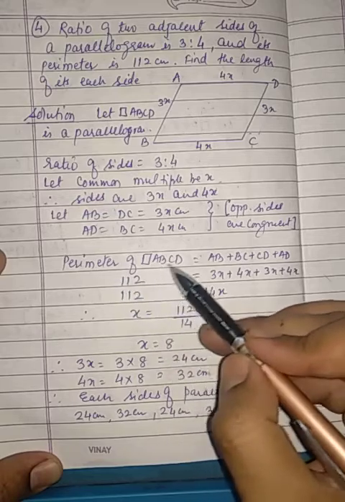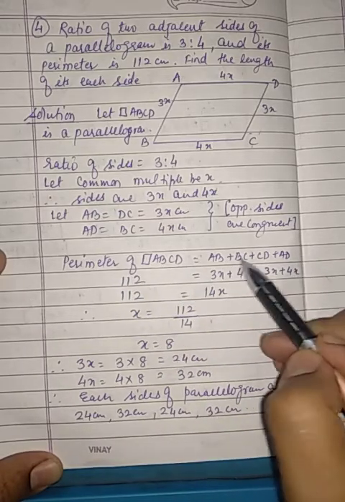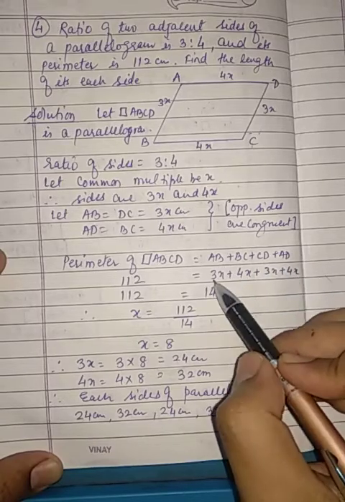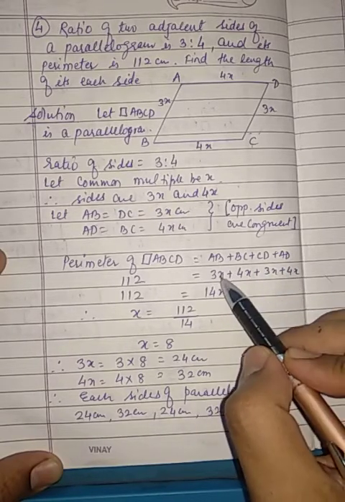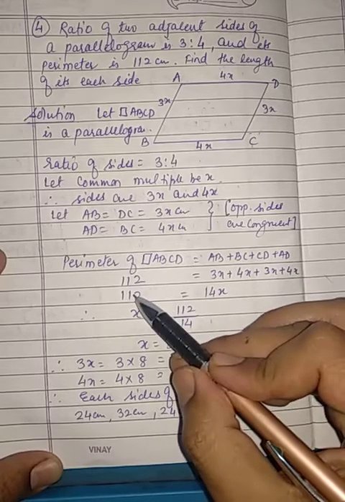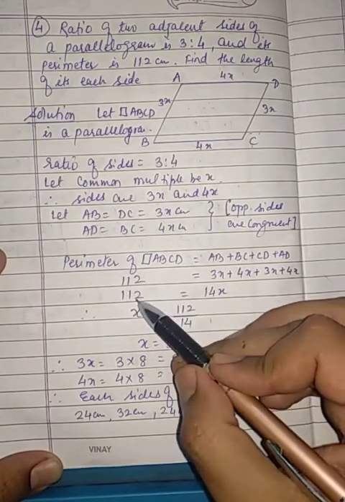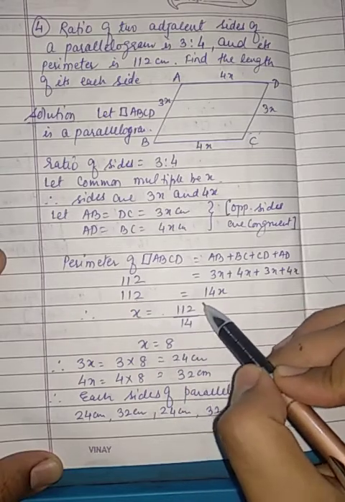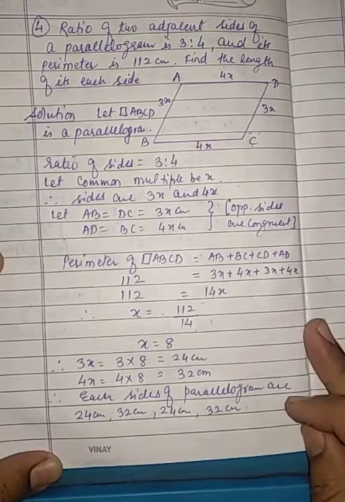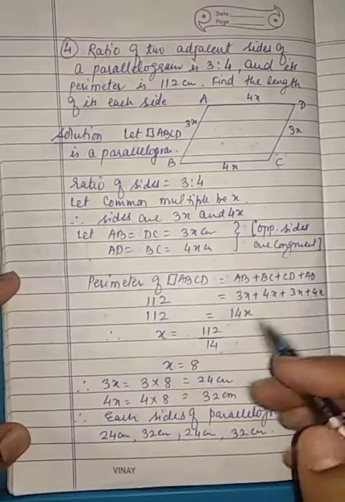So perimeter of quadrilateral is the sum of all four sides, AB plus BC plus CD plus AD. Put all the values: 3x plus 4x plus 3x plus 4x, total is 14x. Perimeter is already given, 112. So x is equal to 112 upon 14. 14 8s are 112.